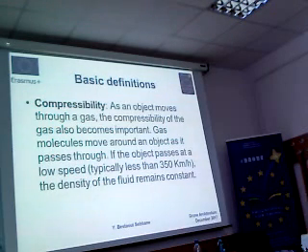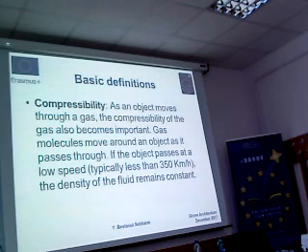Another definition is about the compressibility. When an object moves through the gas, the compressibility of the gas also becomes important. The gas molecules move around an object as it passes through. If the object passes at a low speed, so maybe less than 300 kilometers per hour, the density of the fluid remains constant.